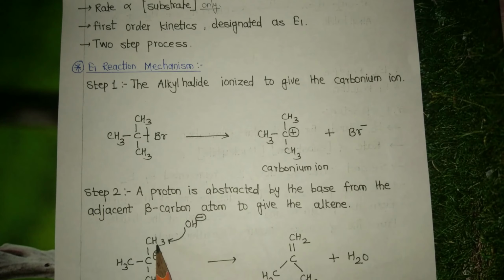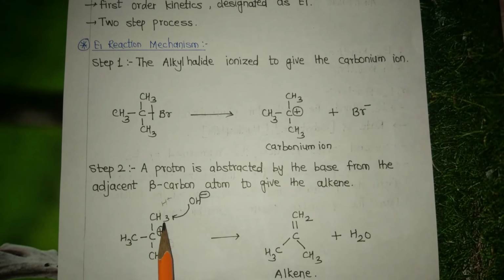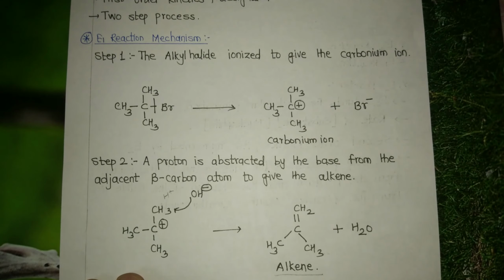This beta carbon's one hydrogen and OH negative form a water molecule, and in that place a double bond will be formed. This is the alkene. These are as they are, CH3, CH3. Okay, this is all about the E1 reaction and the E2 reaction.